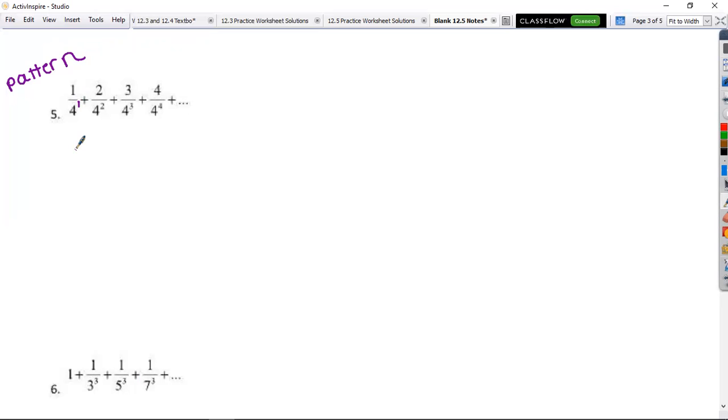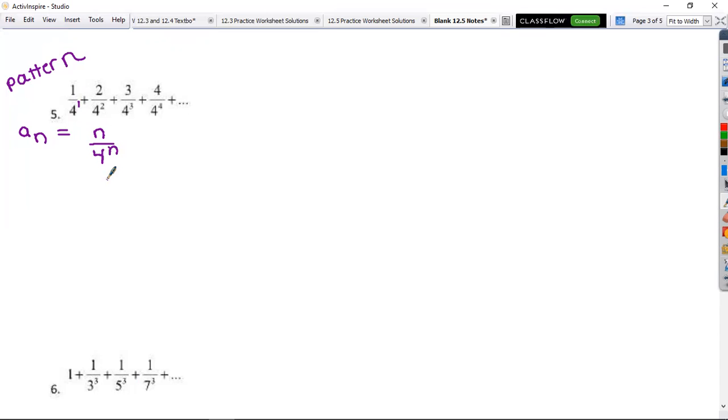So on the top here, I want 1, 2, 3, 4. So I think that's the same thing we just did. So on the top, I'm going to have just plain n. And now on the bottom, how am I going to represent that? So this one's a power. 4 raised to the n. Very good. All right, so there's your first formula.